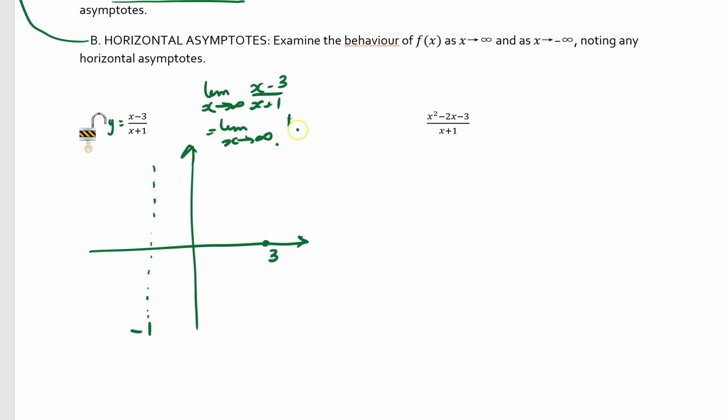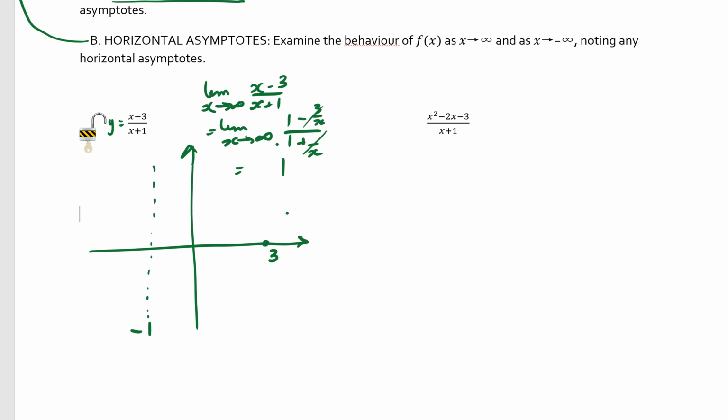So this will become (1 - 3/x)/(1 + 1/x). So as x tends to infinity, these terms drop off and we will tend towards 1.